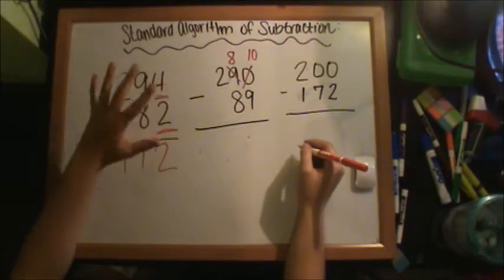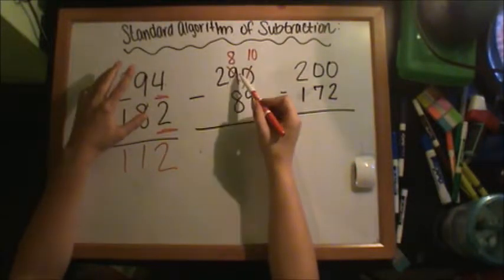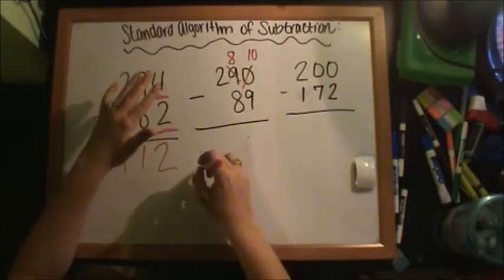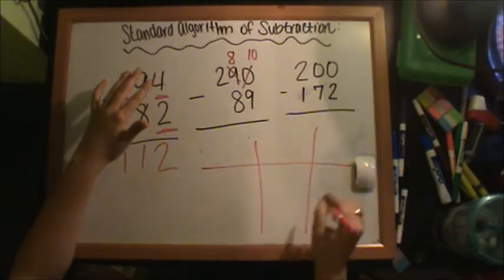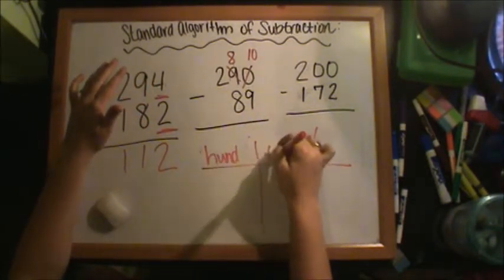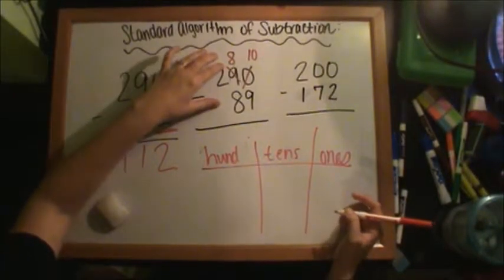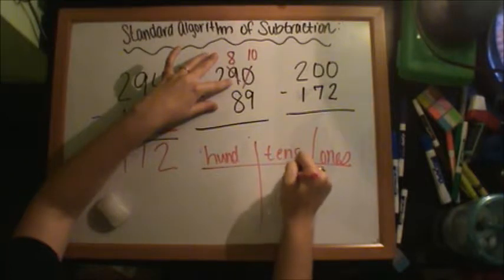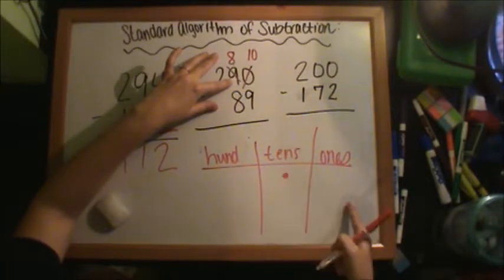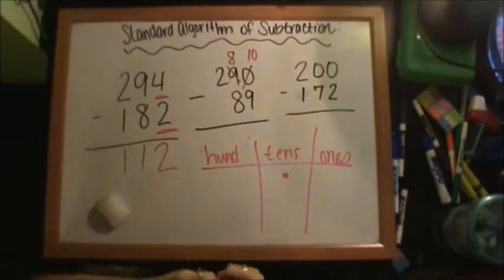So when I was coming up, I didn't understand the reason this works. Again, I'm going to go to the place value chart. I didn't understand that the reason this works is because you're taking 1 ten away, and 1 ten is the same as 10 ones.